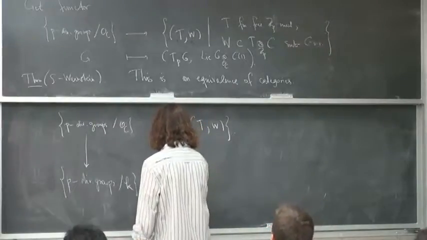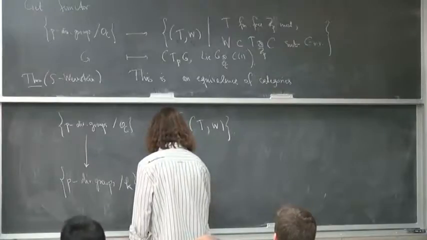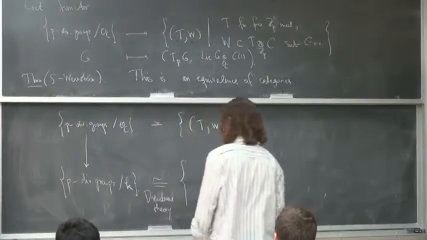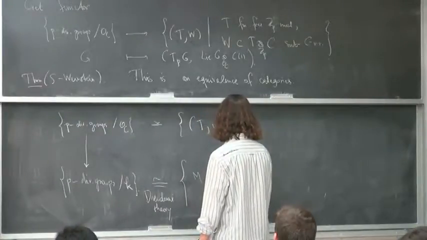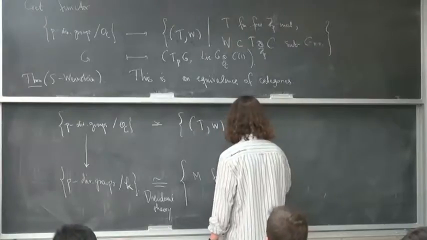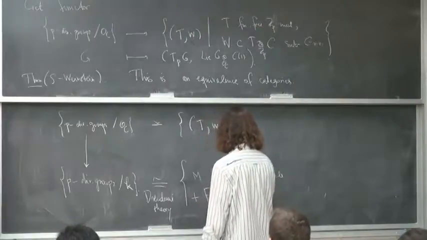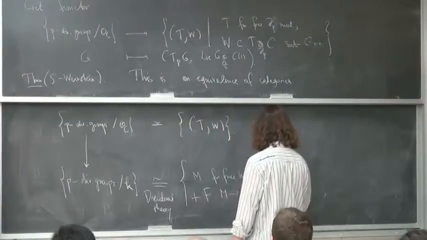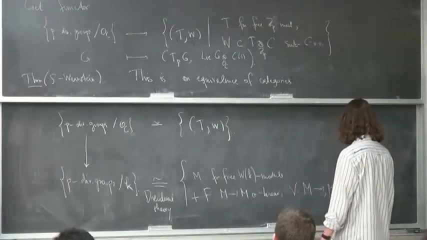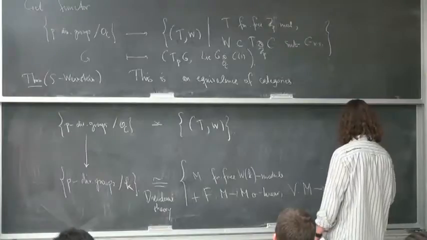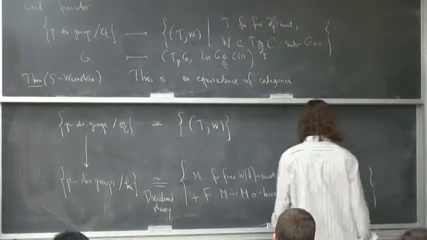But this we know by Dieudonné theory. It's classified by the following kind of linear algebra data: by M, a finite free module over the ring of Witt vectors, plus a Frobenius linear map and a Frobenius inverse linear map, satisfying that they commute and their composition is p.